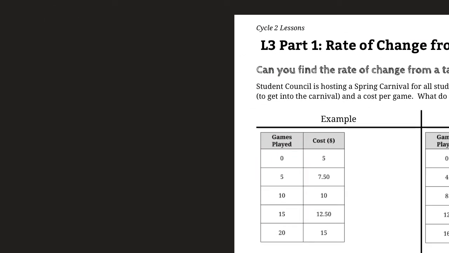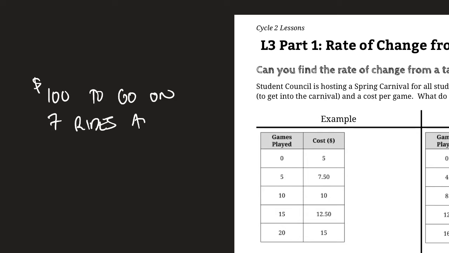Let's say it costs $100 to go on 7 rides at a carnival. A question I might ask would be, how much does it cost per ride? So how we'd answer this question in the past is we'd want to find a unit rate, right?